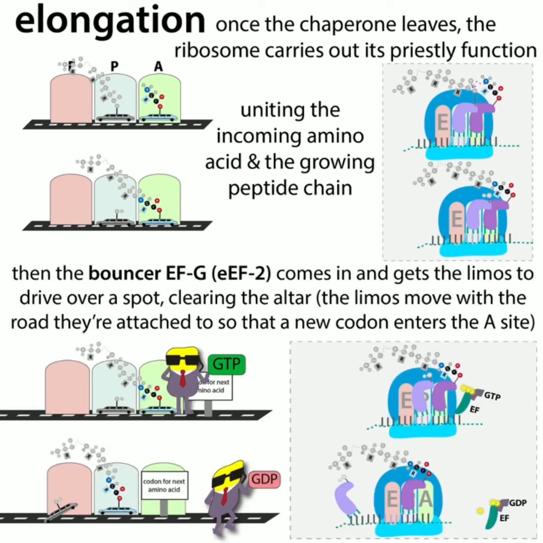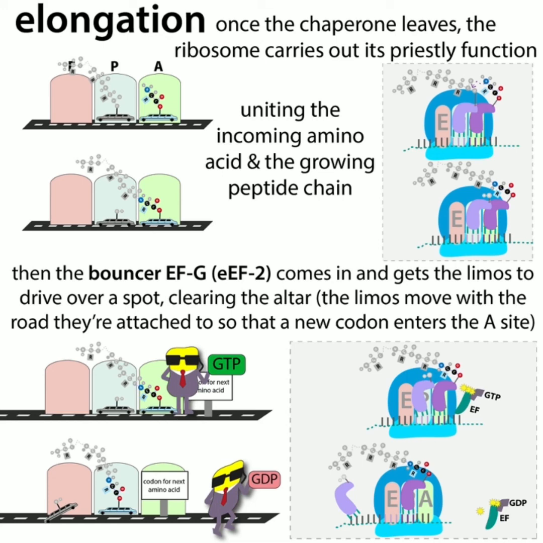So another elongation factor is going to serve as a bouncer. It's going to come in and get the limos to shift over a spot, clearing the altar. So they're moving together into the P site, and now the one that was in the P site is now in your E site where it can leave, and your new codon can enter the A site. So basically now you have a new codon showing up in that A site for a new tRNA to come in.